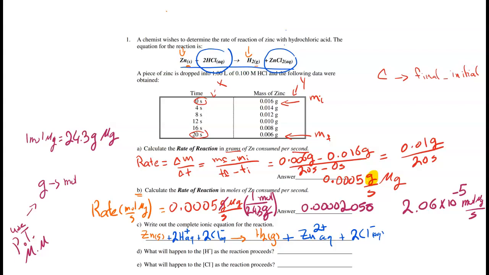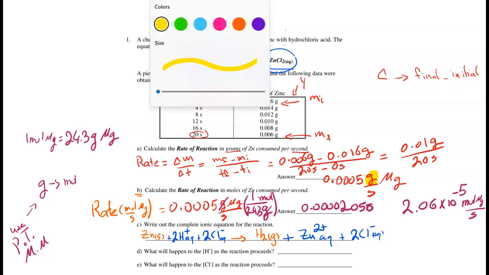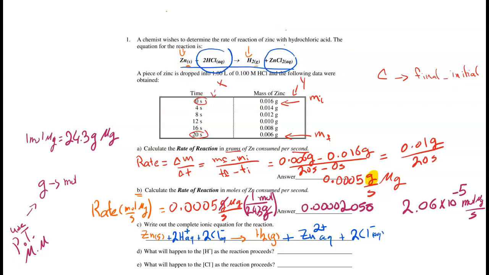What will happen to the hydrogen ion concentration? If you look at the hydrogen ion concentration here, be careful. They're talking about the hydrogen ion concentration. So that's your hydrogen ion right there. This is not hydrogen ion. H2 is not a hydrogen ion.